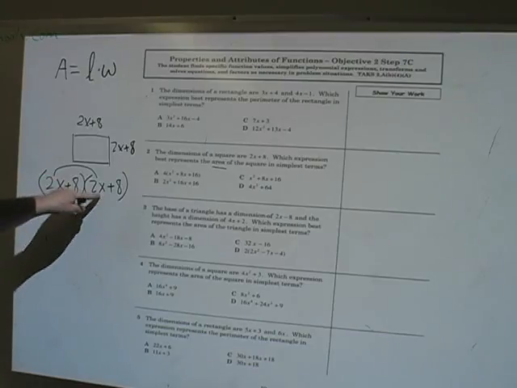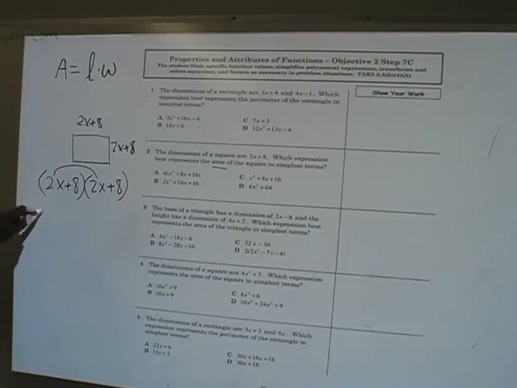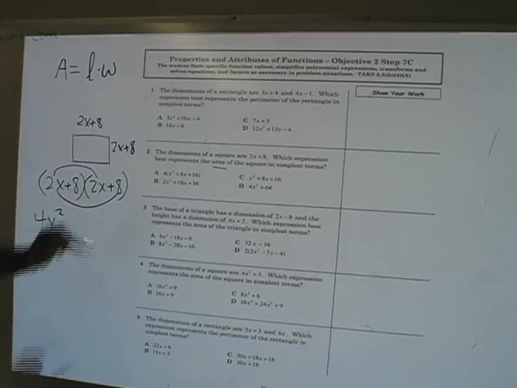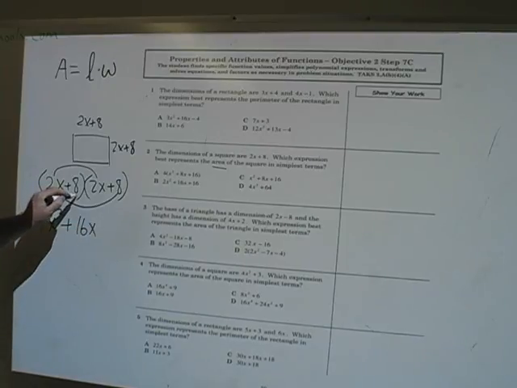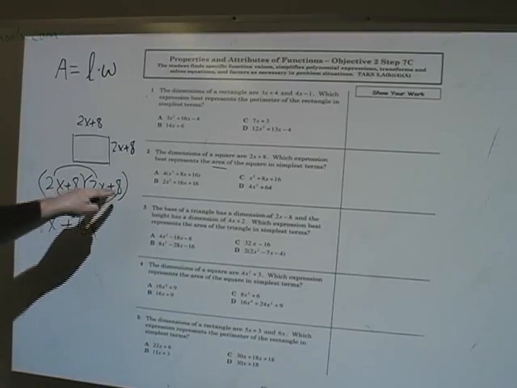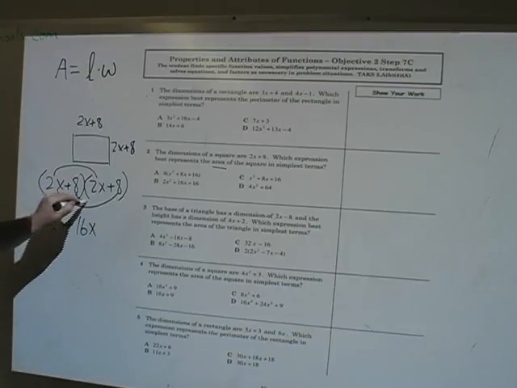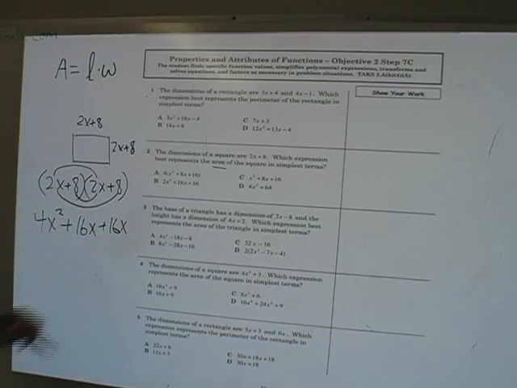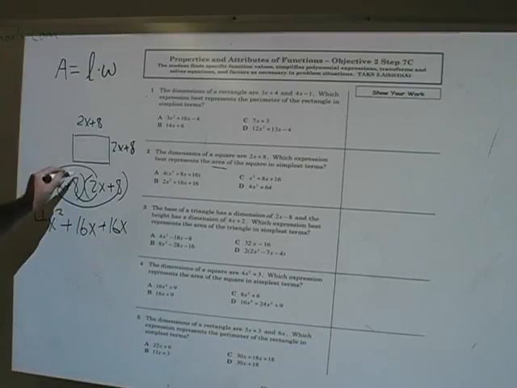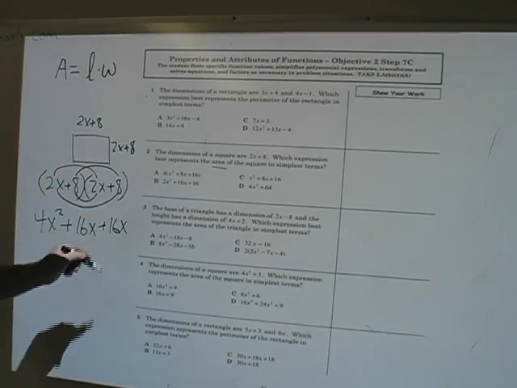So you got to do 2x times 2x, and that is 4x squared. You have to do 2x times 8, and that's a positive 16x. You have to do 8 times everything over here. So you have to do 8 times that 2x. That's another positive 16x. And then you have to do 8 times 8.